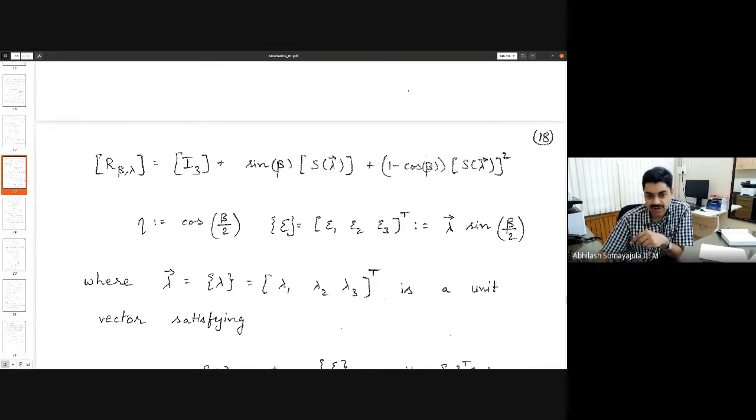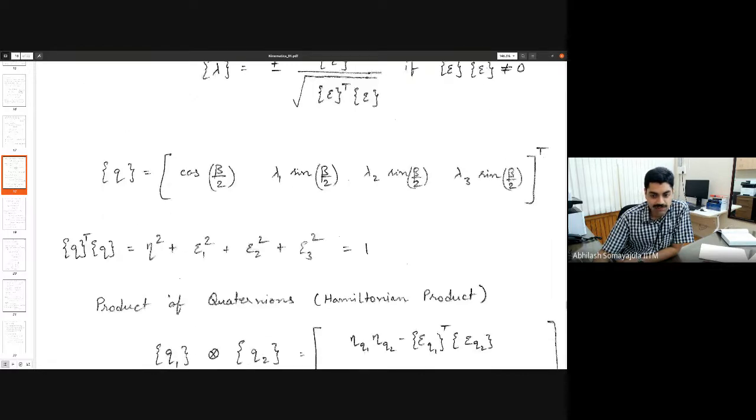And then we also saw that the imaginary component of the quaternion, which is epsilon, was given by lambda times sine of beta by 2. So notice that epsilon is not a unit vector, although lambda was a unit vector.